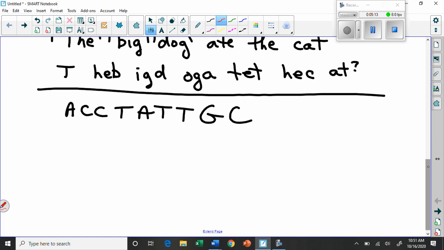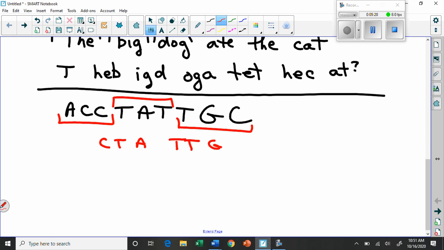It's important that the DNA be read like this: those three, and those three. You can't just arbitrarily start at the C and go CTA, TTG, because those words are gibberish, just like the words up here. So the frame sequence means it has to be read in a particular way so that we get the right words. And then we can figure out what the genetic sequence is.